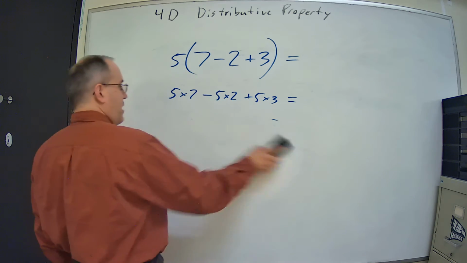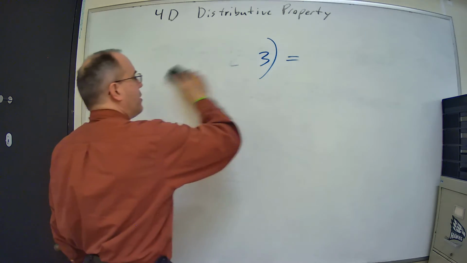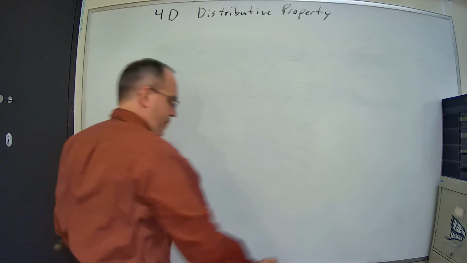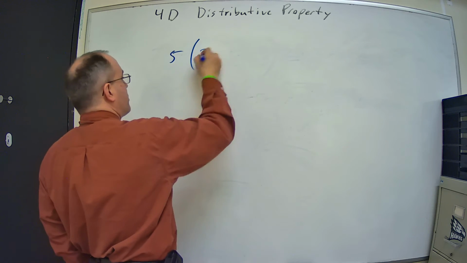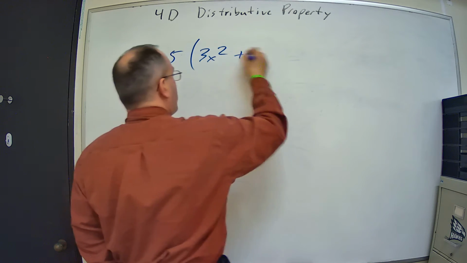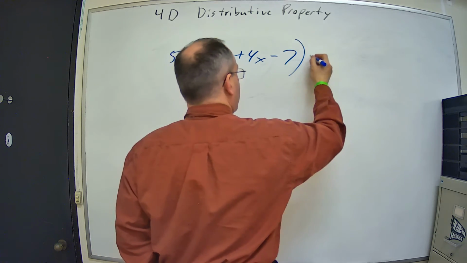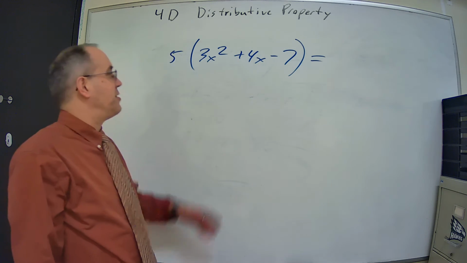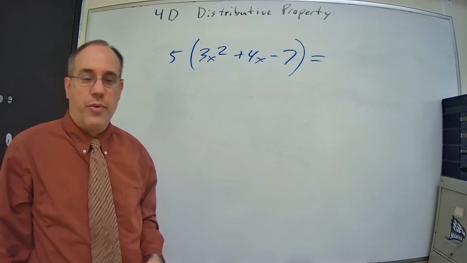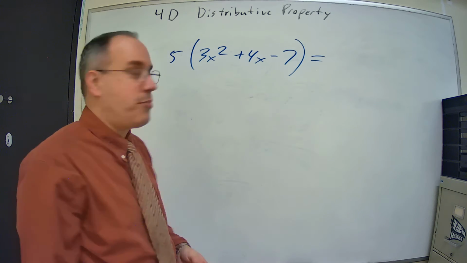Well, let's take a quick side look at what would happen if we were dealing with algebra. What if I had 5 times 3x squared plus 4x minus 7 in algebra? Well, now it's like, gee, I've got those darn x's in there. What does that mean? Well, it's algebra. It means there's letters in there. They stand for something.